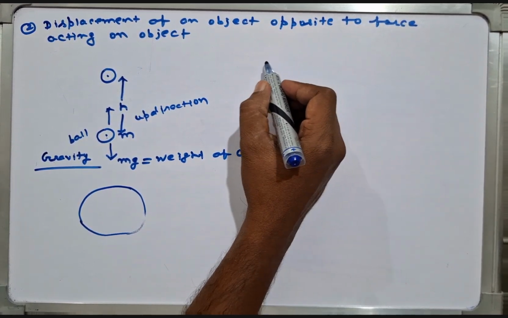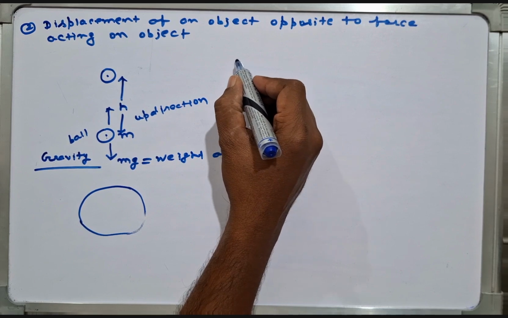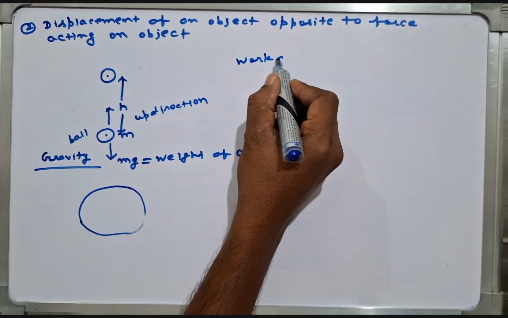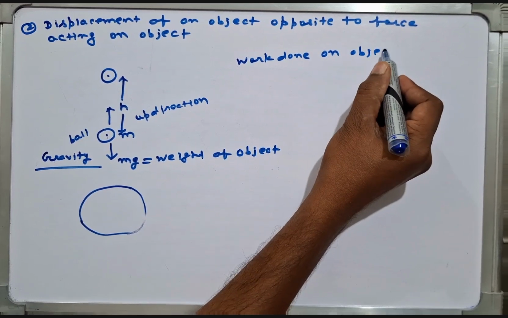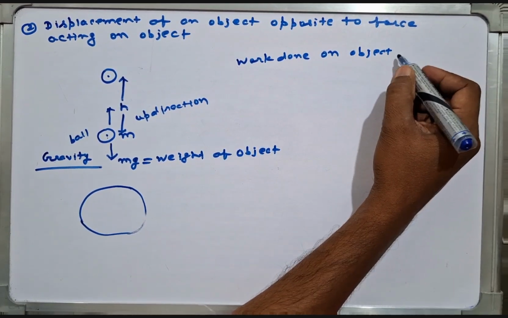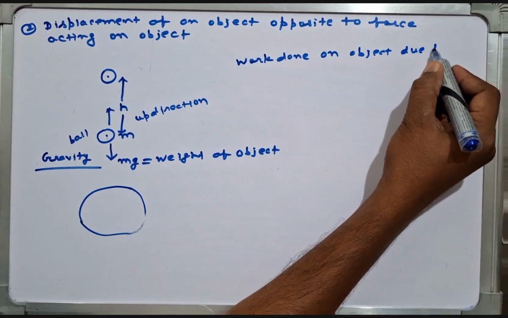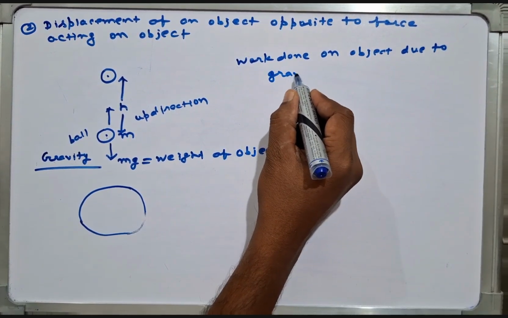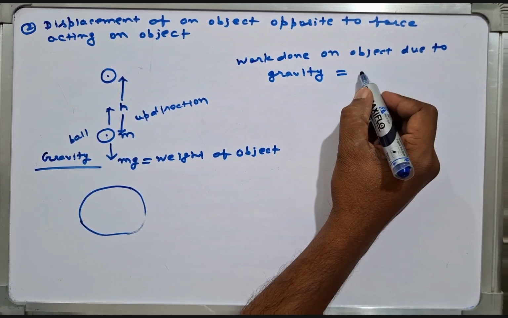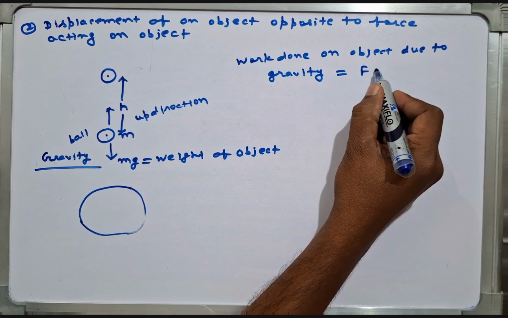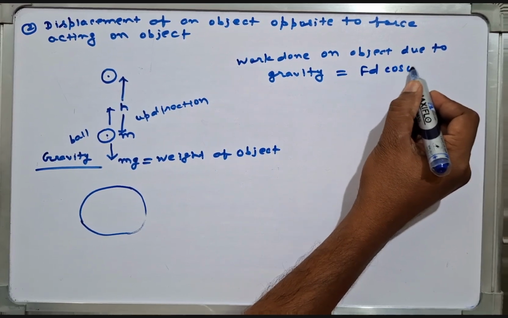So when we say work done on the object due to gravity, we apply the formula here: force into d and cos theta.